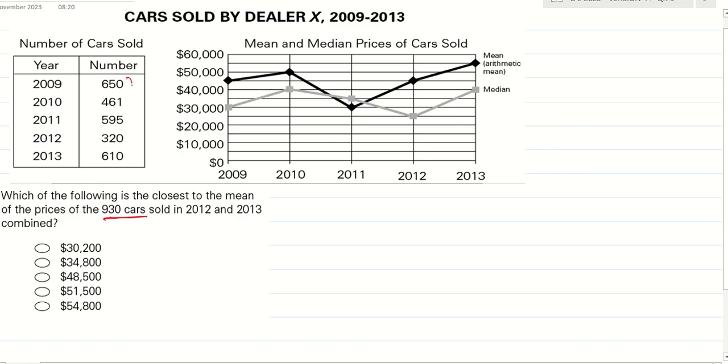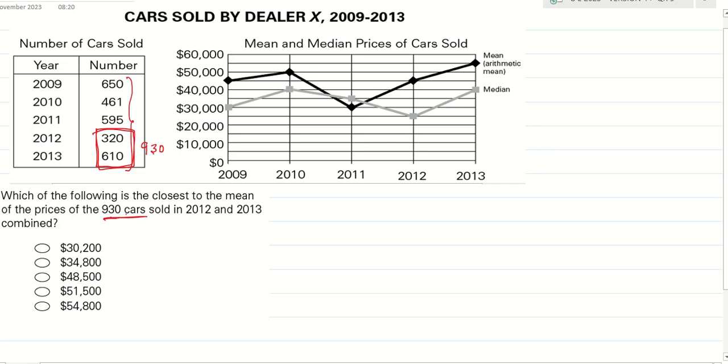Total number of cars here to here? This 2 year, this 2 year, 930 cars, right? Combined. So can you find out what is the price we'll get?